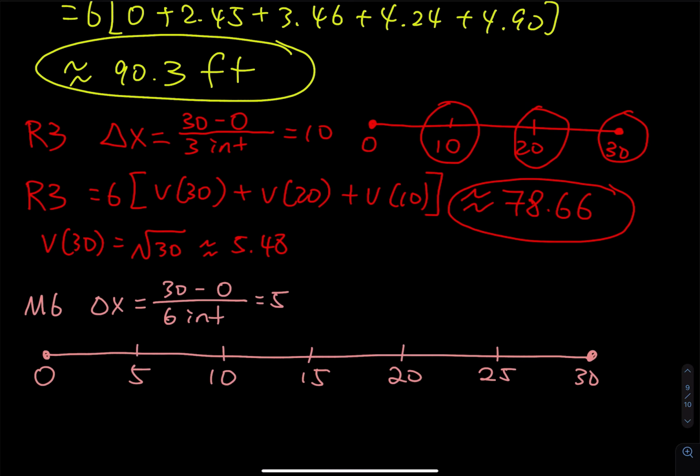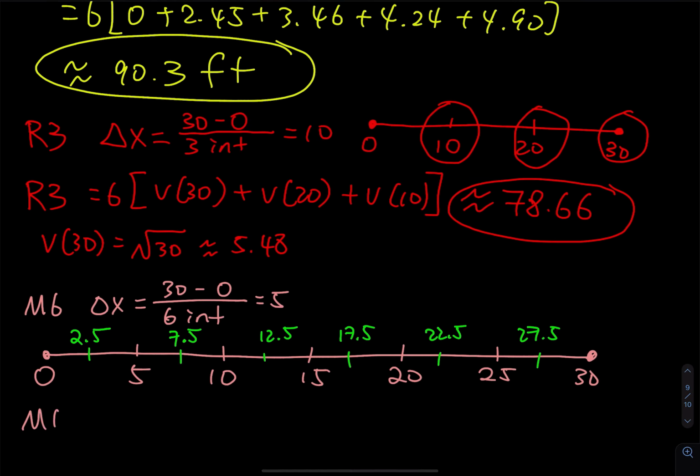We need to figure out the midpoint. So the midpoint, 0 plus 5 divided by 2 is 2.5. The rest is easy. You keep adding 5 to it. So plus 5, and then plus 5, plus 5, plus 5, and then plus 5. So you have all the midpoints, and you have 6 midpoints. And then you do your M6.